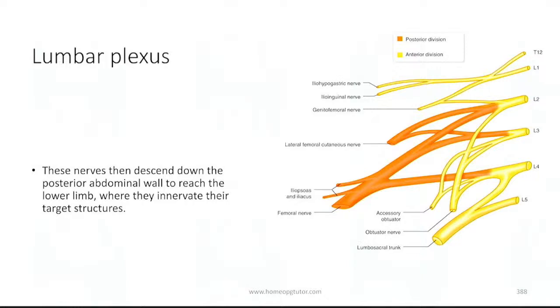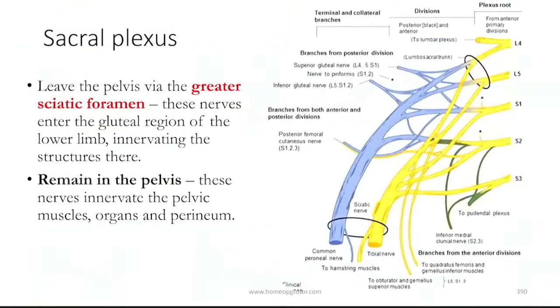Lumbosacral trunk, which is actually a portion of anterior division of L4, which goes and joins to the sacral plexus. Similarly, it goes downwards and joins with the other roots, that is L5. Okay, it joins L5 root and also S1, S2, S3 root to form the tibial nerve.